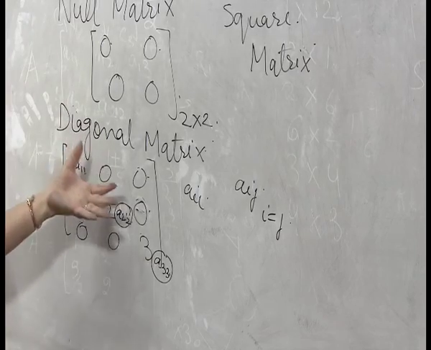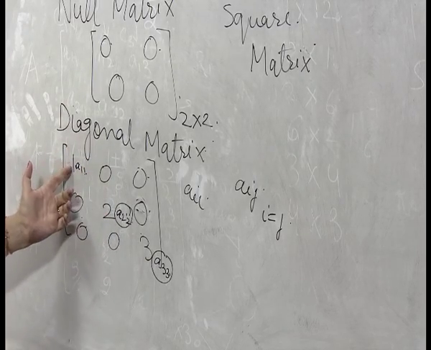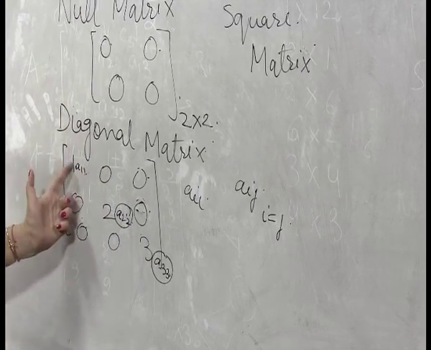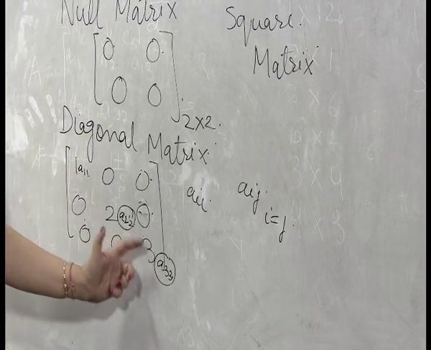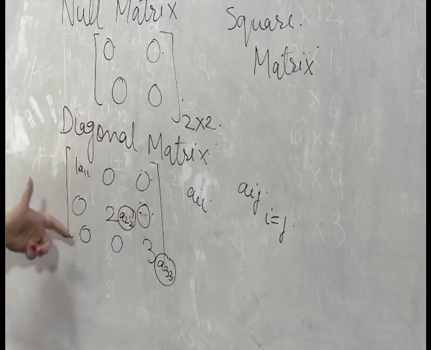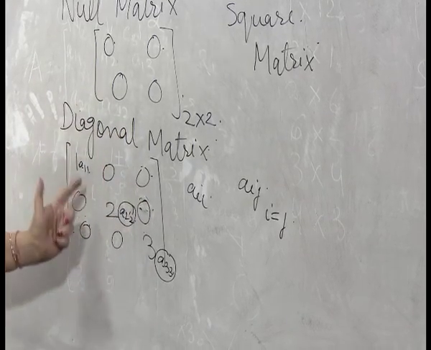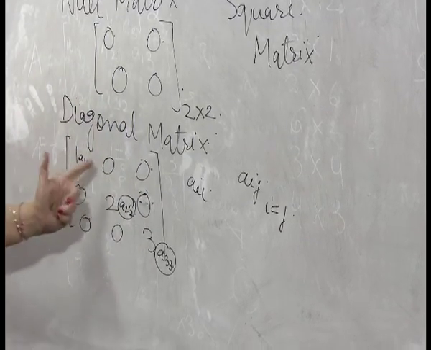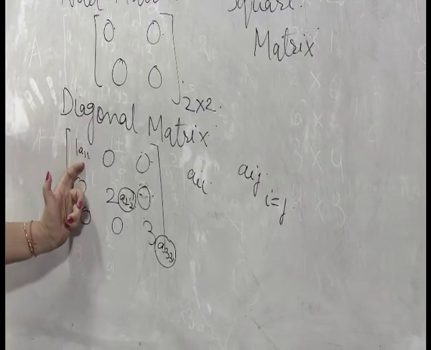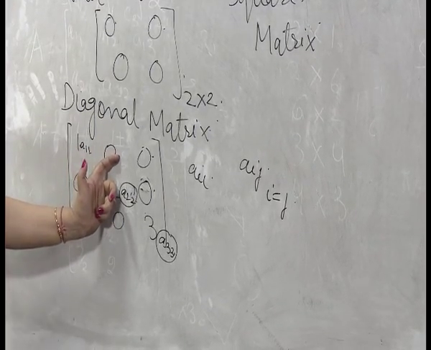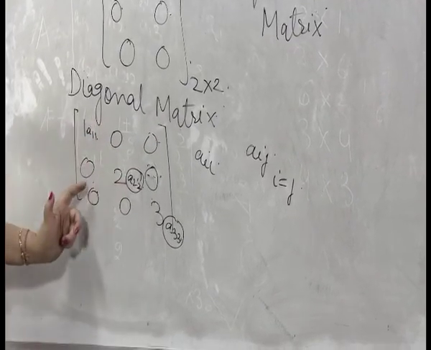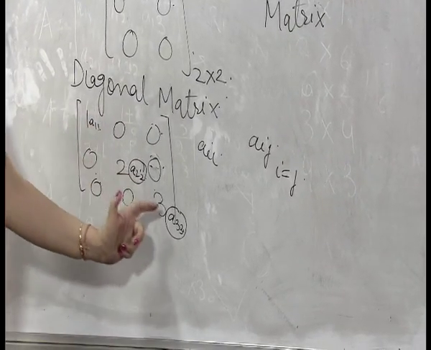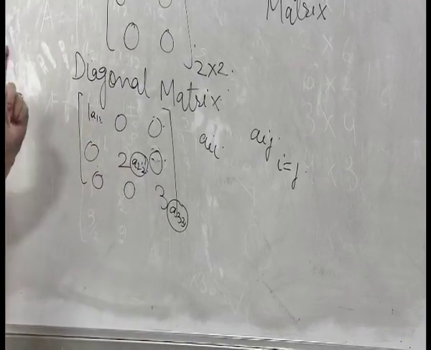Now, the diagonal matrix is a matrix which has non-zero elements in the main diagonal, and all the rest of the elements are zeros. You can see that A11 is 1, A12 is 0, A13 is 0. Similarly, all the other elements are 0, only the elements in the main diagonal are non-zero.